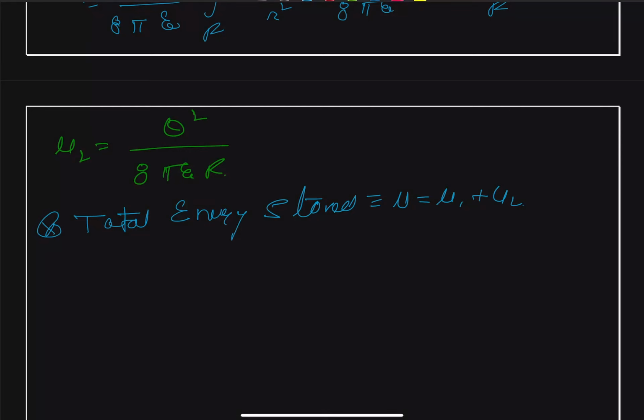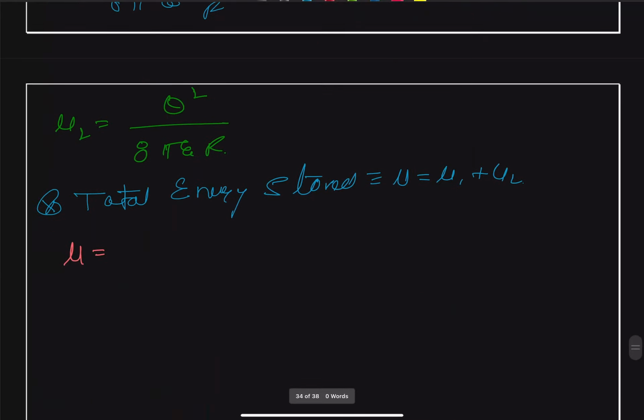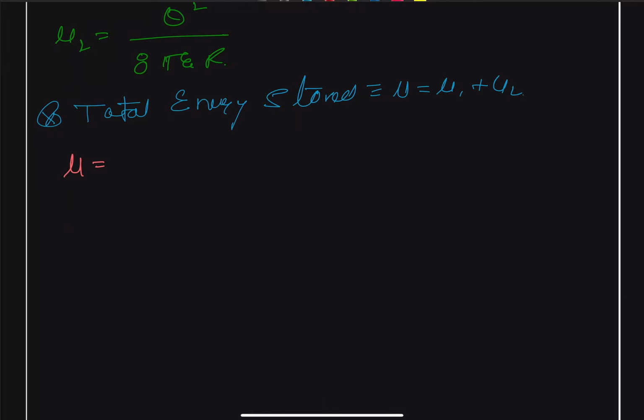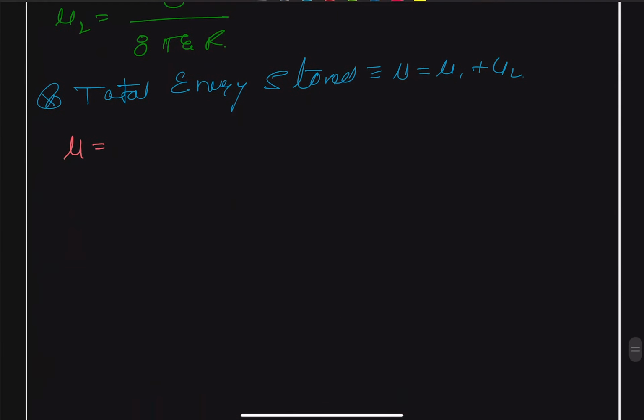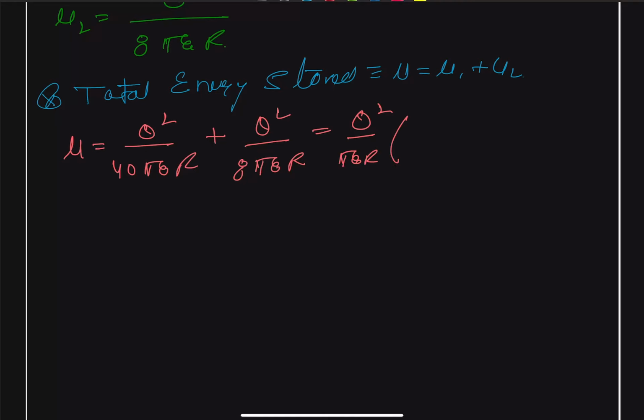We substitute U1 and U2, we get U. U1 was q square upon 40 pi epsilon R, and U2 is q square upon 8 pi epsilon R. So we take common q square upon pi epsilon R, and we get 1 upon 40 plus 1 upon 8.